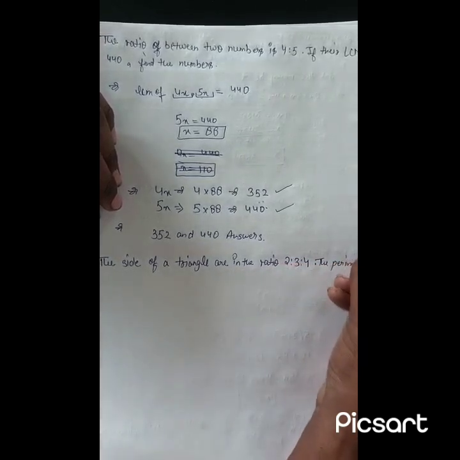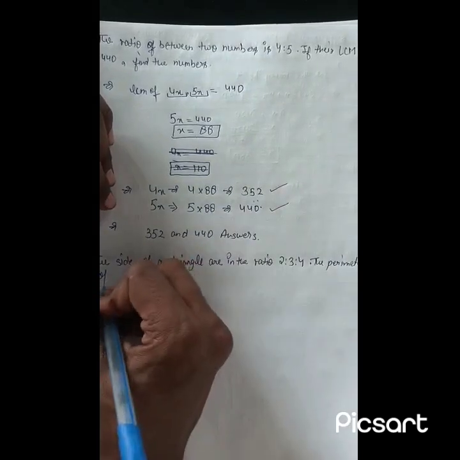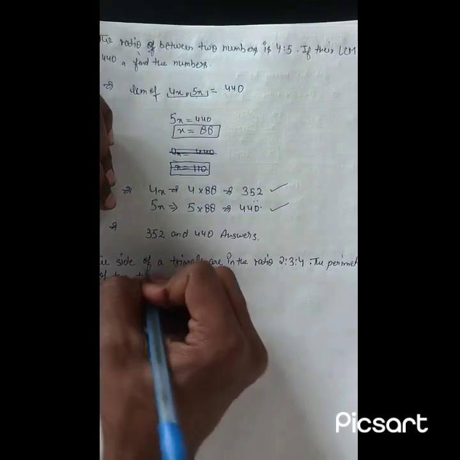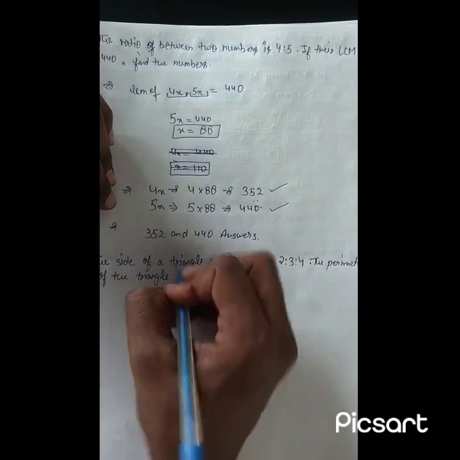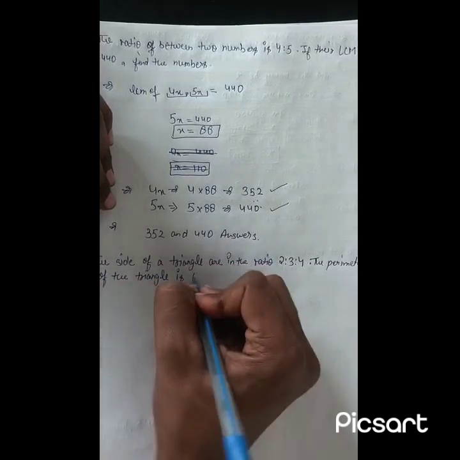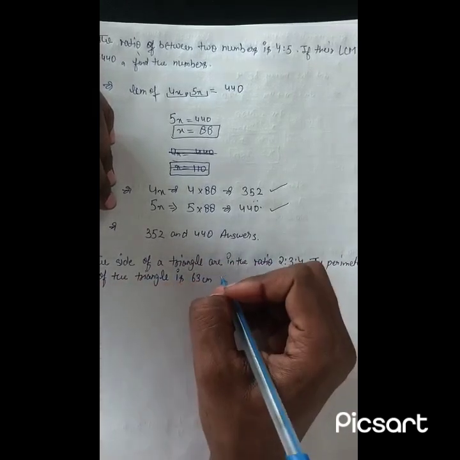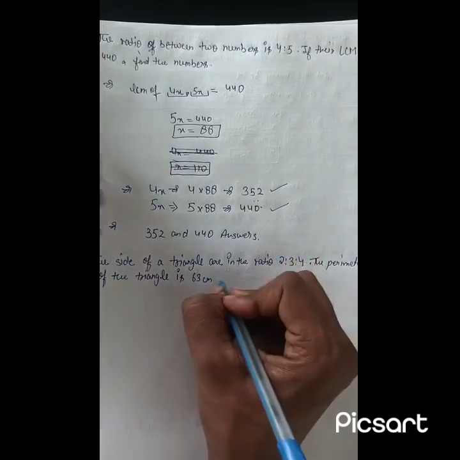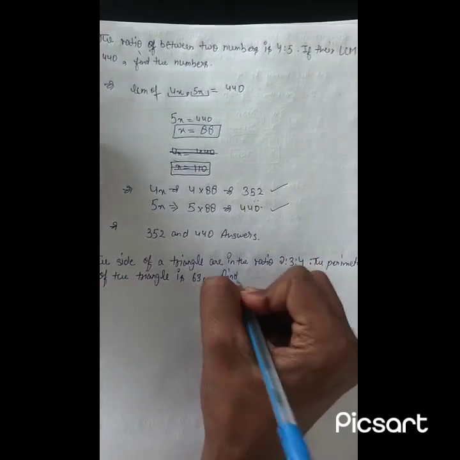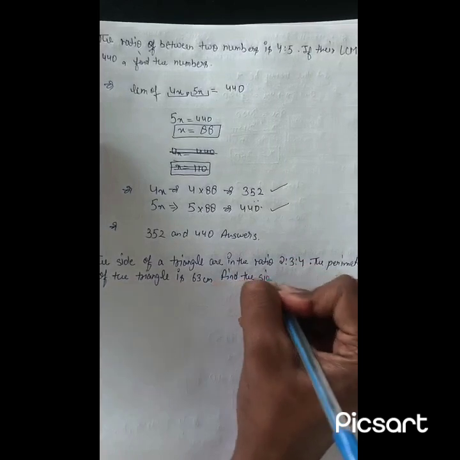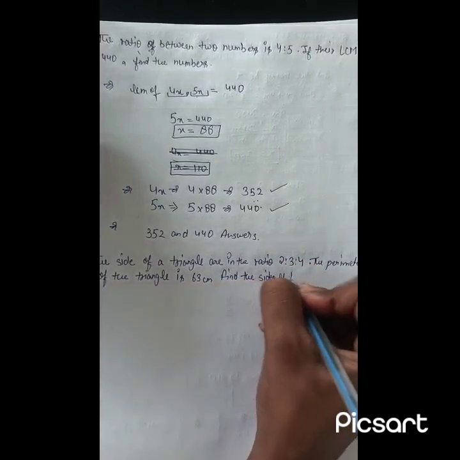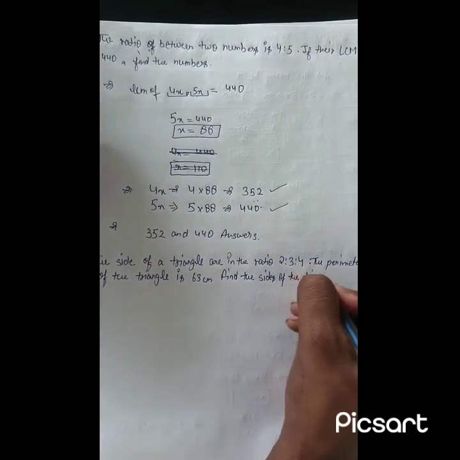The perimeter of the triangle is 63 centimeters. Find the sides of the triangle.